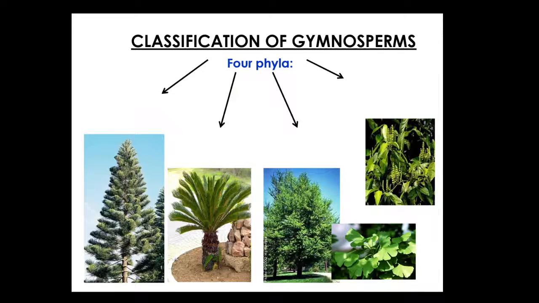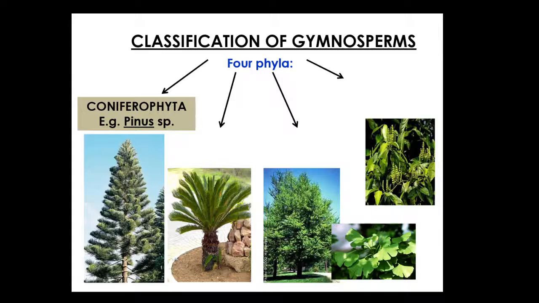Those are the unique characteristics of gymnosperms, and now we are going into its classification. We can classify gymnosperms into 4 phyla based on their morphology. The first phylum is Coniferophyta. This is where most of the very iconic gymnosperms are, which includes conifers or pines.